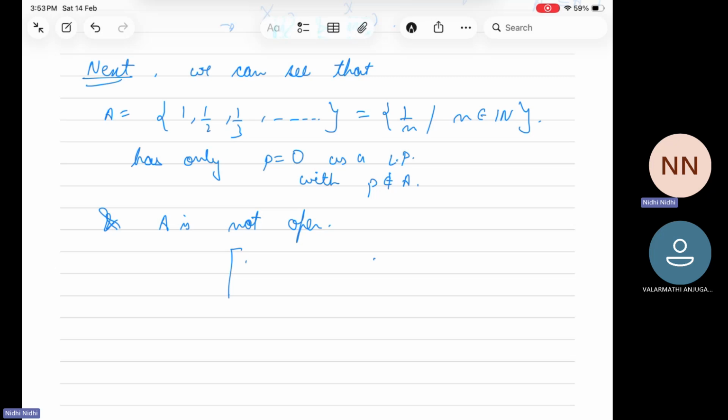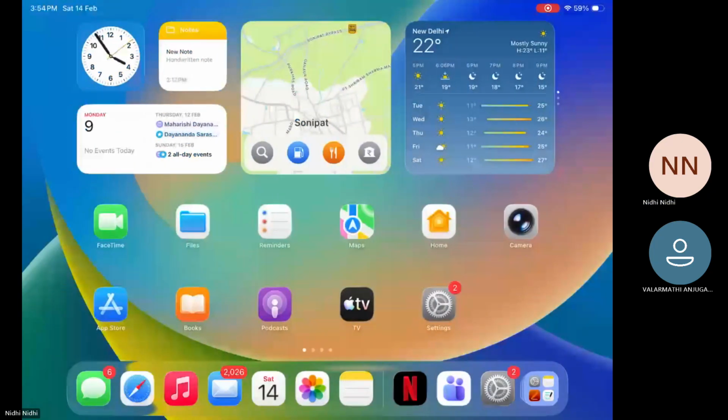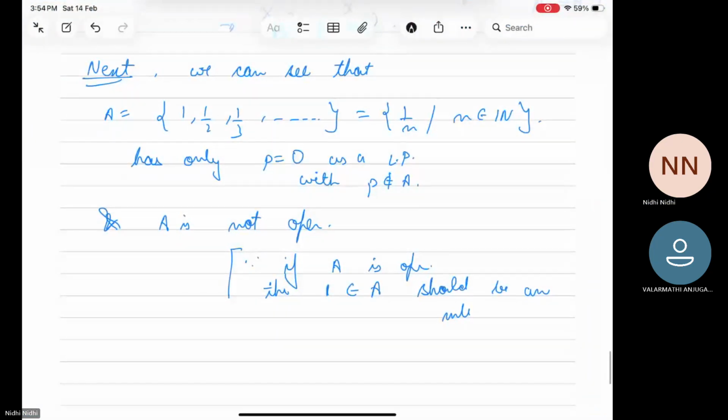If A is open, then all the points must be interior points of the set A. But if we look at the point 1 or even 1 by 2, we can always find an interval around 1 which will not be inside A. My notes are not working.